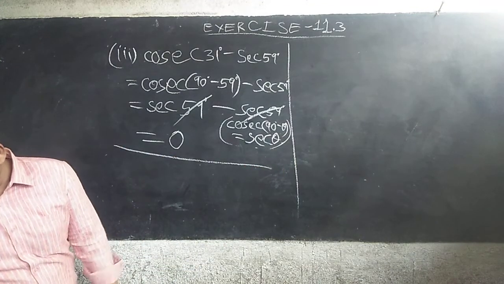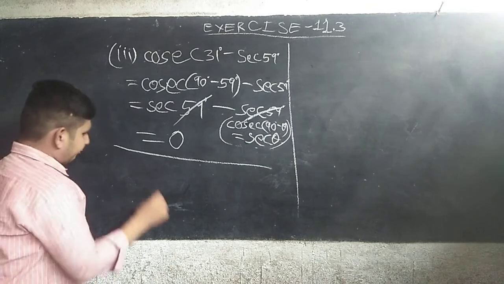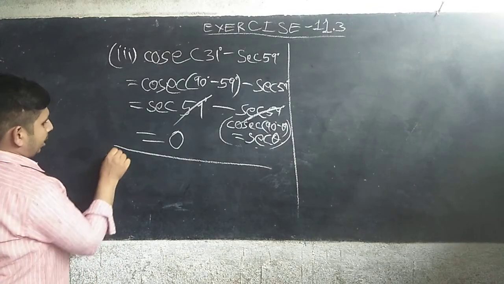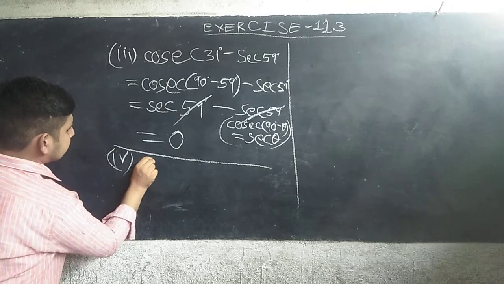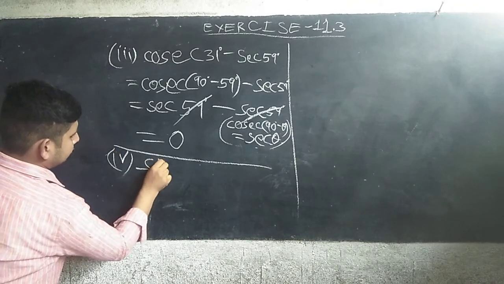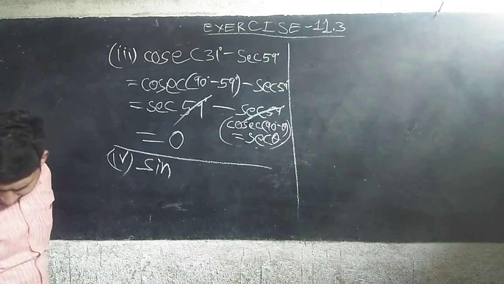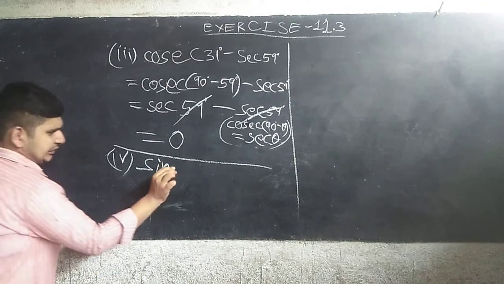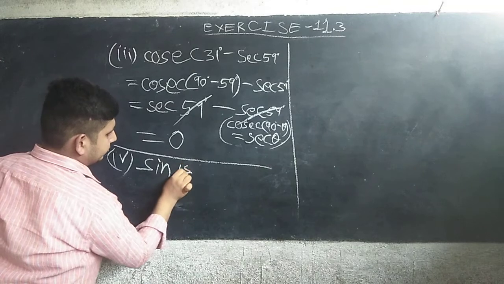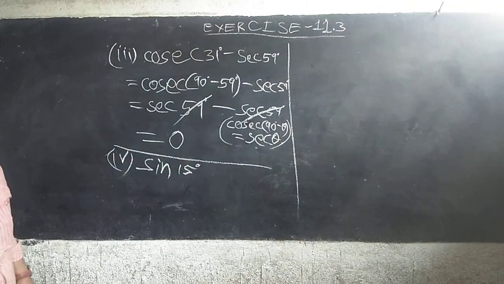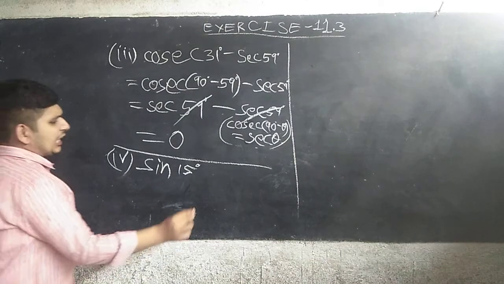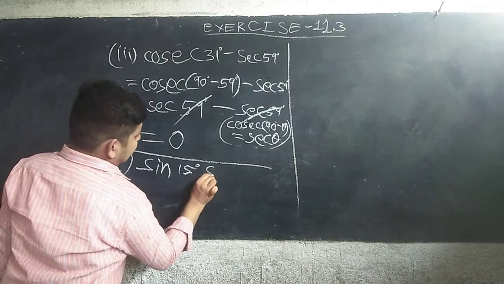Now the fourth problem. Find the value of sin 15 degrees into sec 75 degrees.